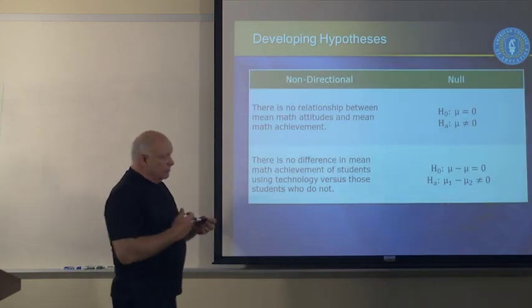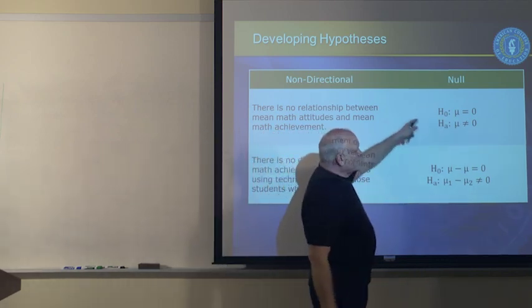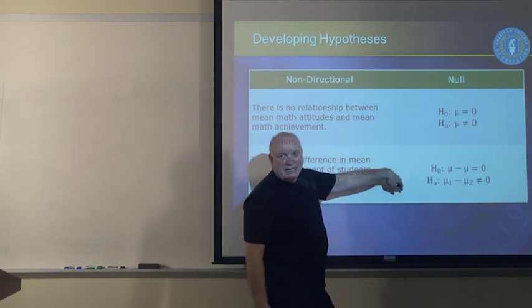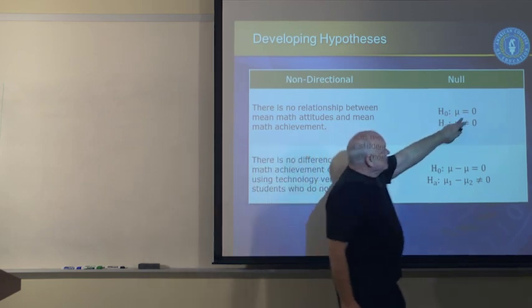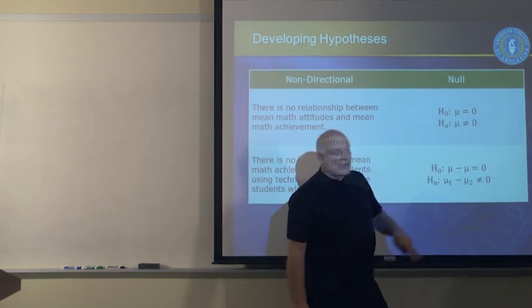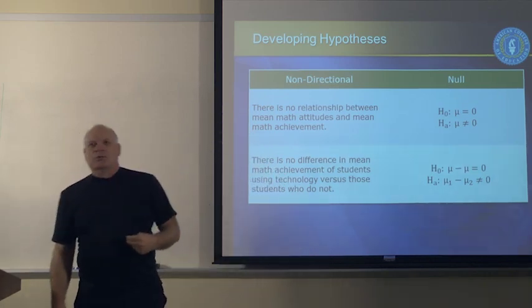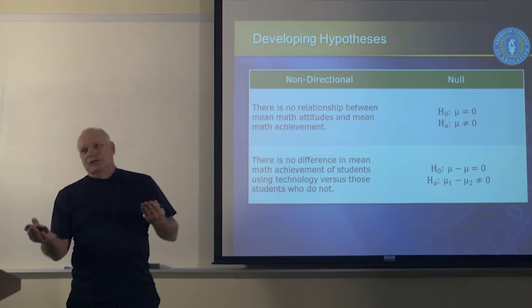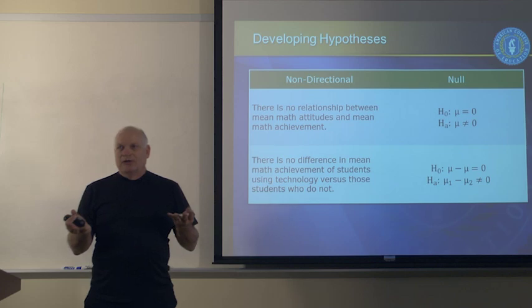In a non-directional test, the basic difference here, there are two ways of writing a quantitative hypothesis in statistics. The difference in a non-directional test is you're going to see equal, not equal. The null hypothesis is always an equal. This group equals this group, because if they equal, there's no difference between the two.